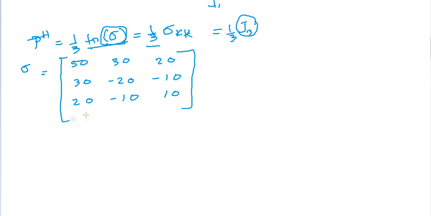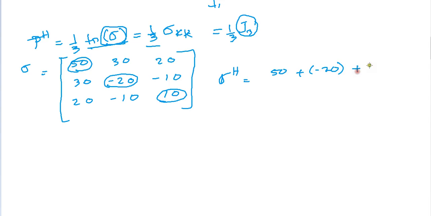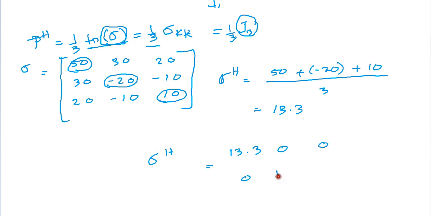Then what is the hydrostatic stress? The hydrostatic stress is 50 plus minus 20 plus 10, divided by 3, and it is equal to 13.3. So in tensor form we can write this hydrostatic stress as 13.3 on each diagonal entry and 0 elsewhere.